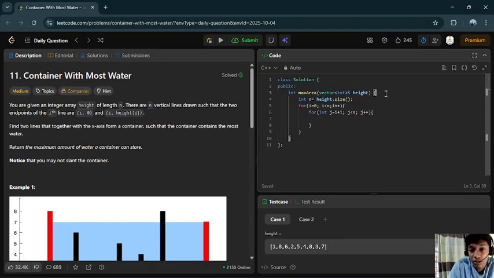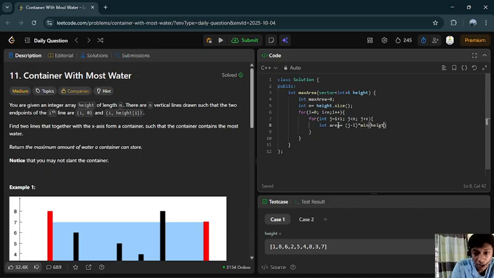We'll have the max area as 0. int area equals, what is the area? The area will be j minus i, which is the distance, times the min of height[i] and height[j]. So this is the area.